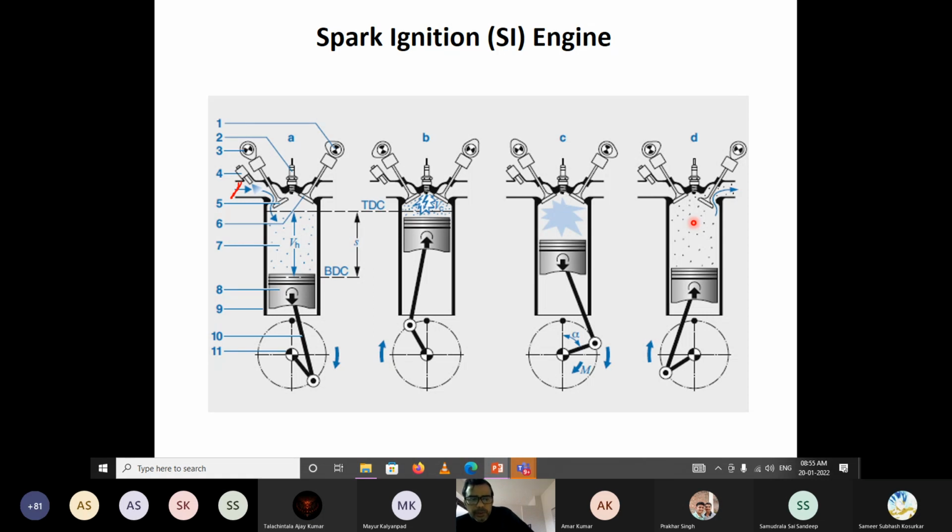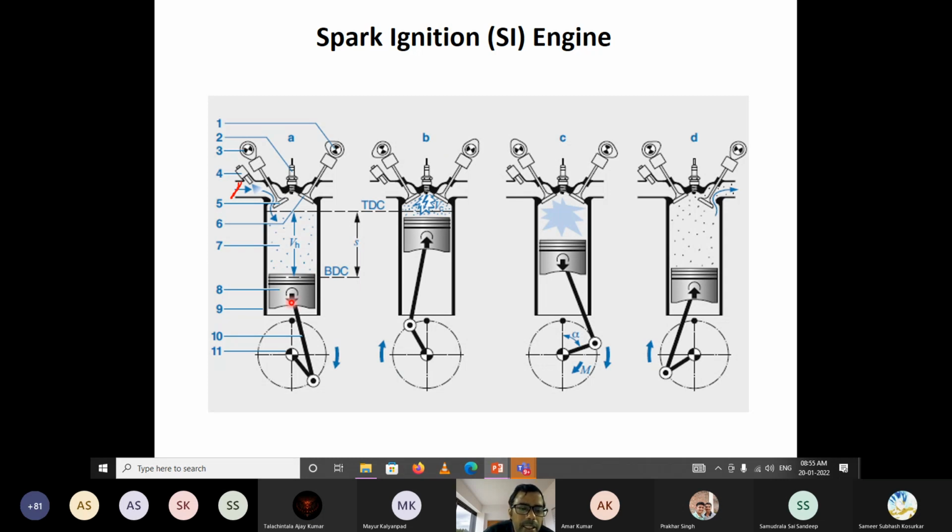Okay, that's fine. See, the thing is, what part have I excluded? Probably I have excluded the half portion of the intake stroke. Let's suppose someone starts the fuel injection when the intake stroke is somewhere here, and there is a possibility that the duration of the fuel injection is larger than the remaining time of the intake stroke.